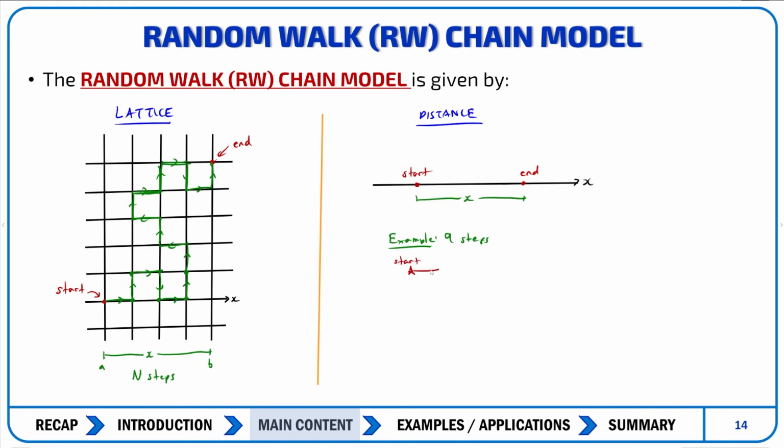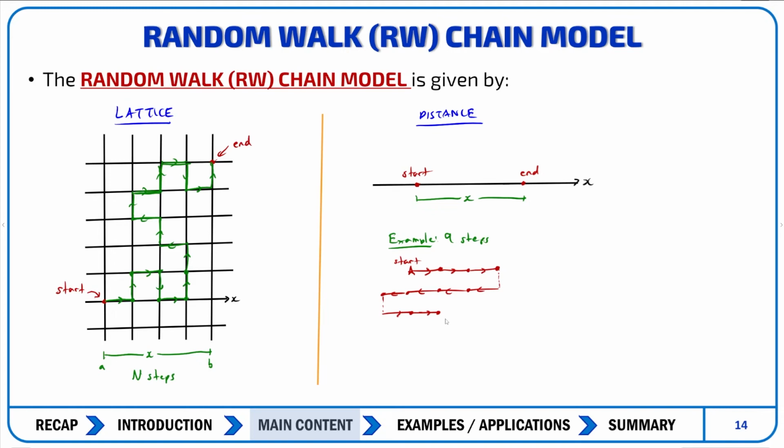And let's say I go 1, 2, 3, and then somehow I go from here 4, 5, 6, 7, 8. So 1, 2, 3, 4, 5, 6, 7, 8, 9.